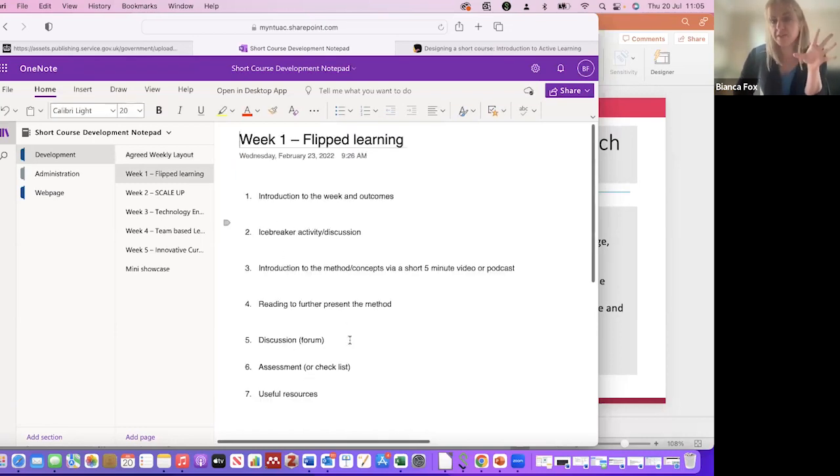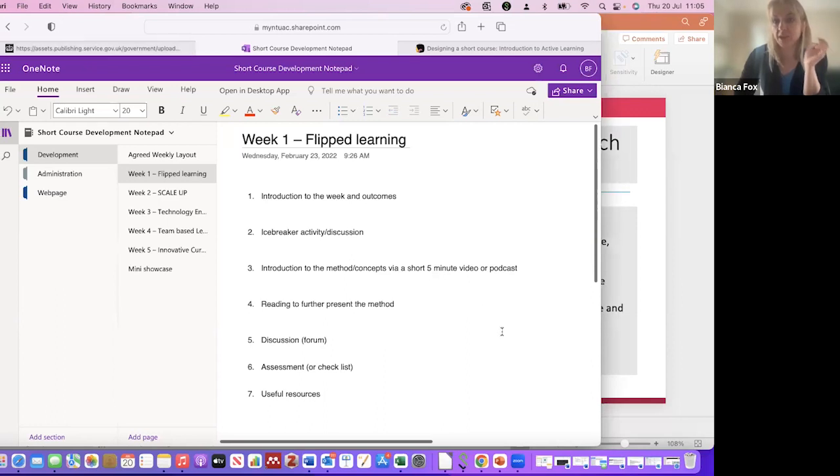But when we then designed the learning room, each of the weeks had a separate section, structured following this layout. And we found that this really helped with the organization of the content, but also it helped the participants to know exactly what the week will look like for them, and know what to expect next week.